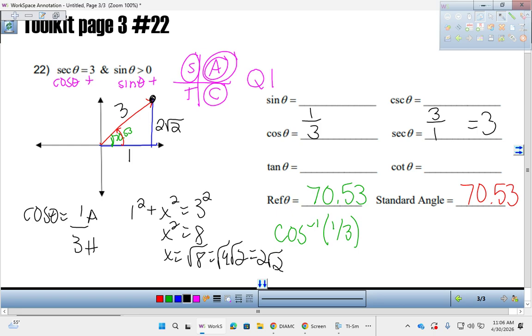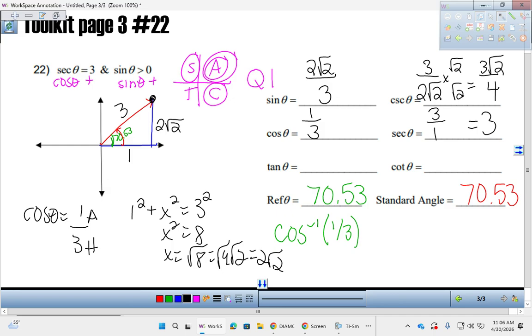And so sine is opposite over hypotenuse. Cosecant is the reciprocal of that. I'm just rationalizing to get the root out of the bottom. So this becomes 3 root 2 over 2 times root 2 times root 2, which is root 4, which is 2, so it's 2 times 2.